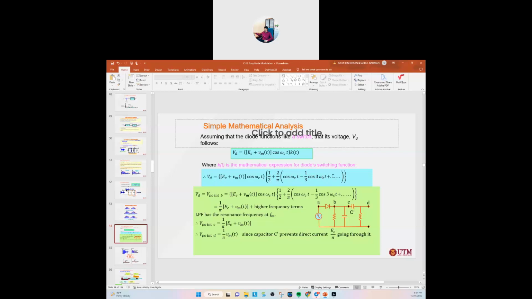So the next one, you can guess what it is, right? If this is cos omega ct, this one is minus cos 3 omega ct. So what is the next one?